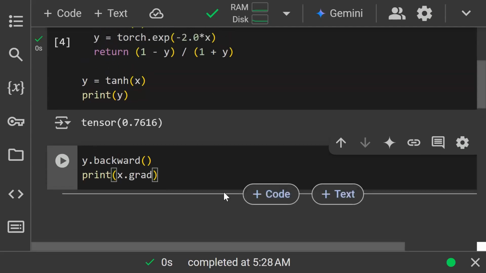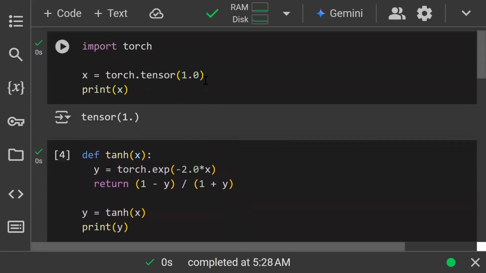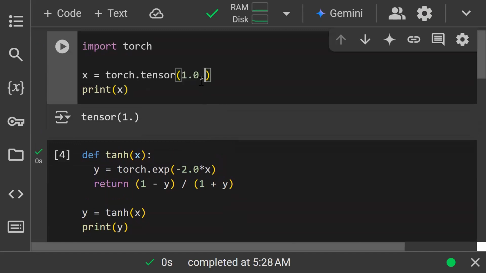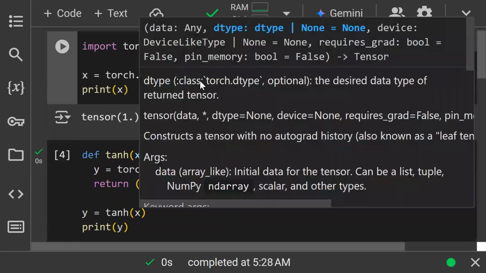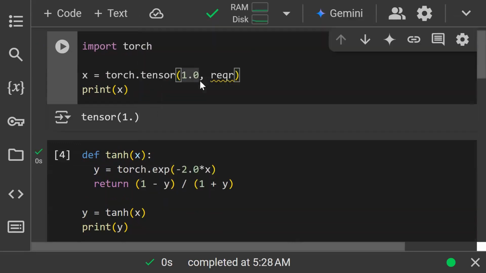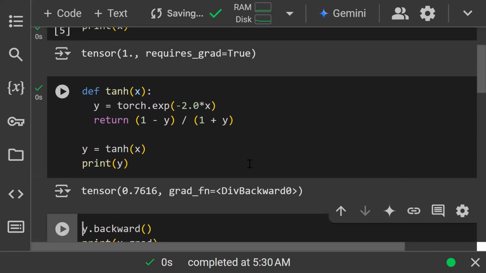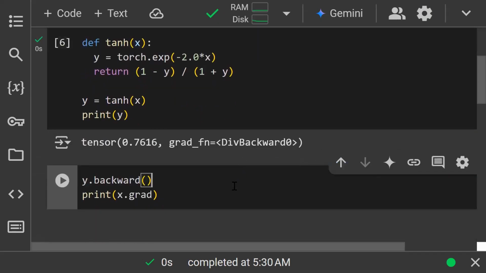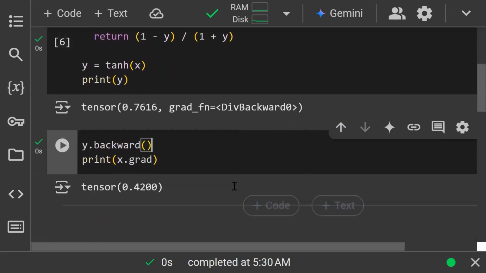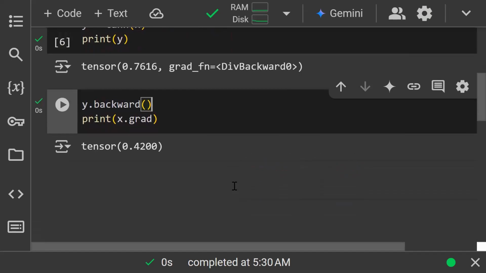Of course, in order to be able to use this, you have to turn on requires_grad equals True, so you have to run this again. But y.backward will give you the gradient, which is 0.42.